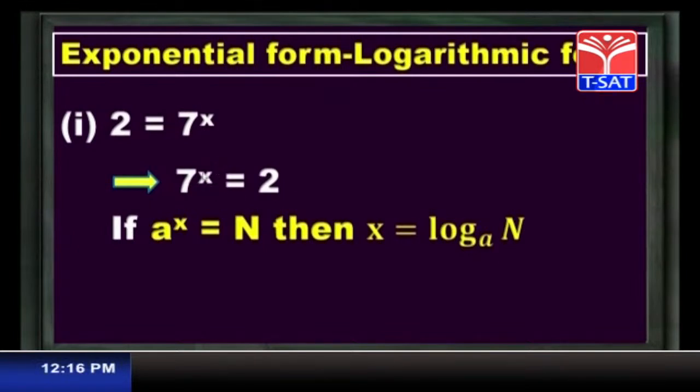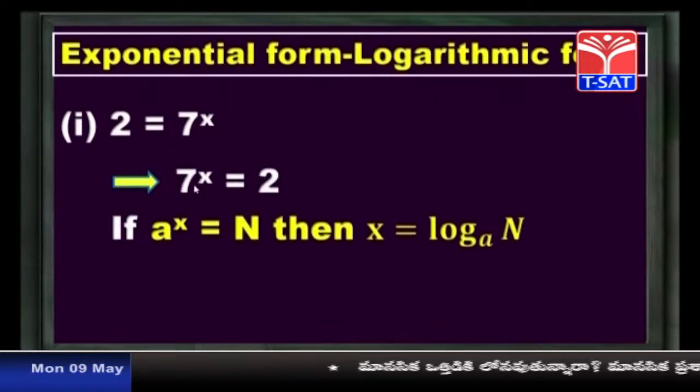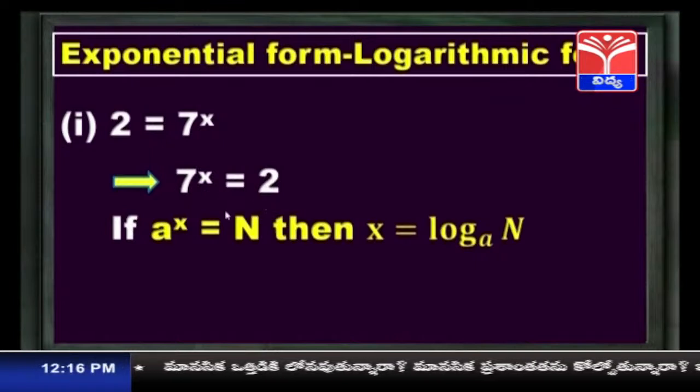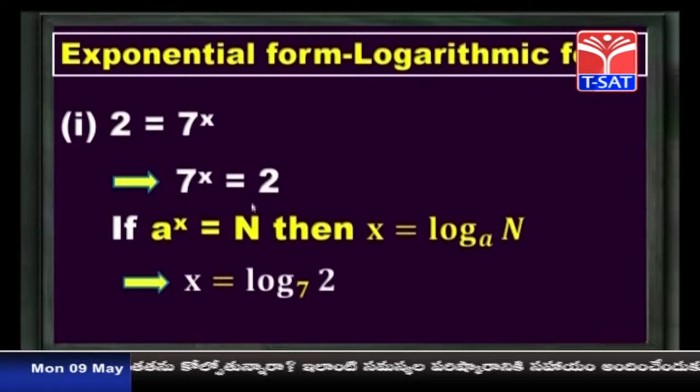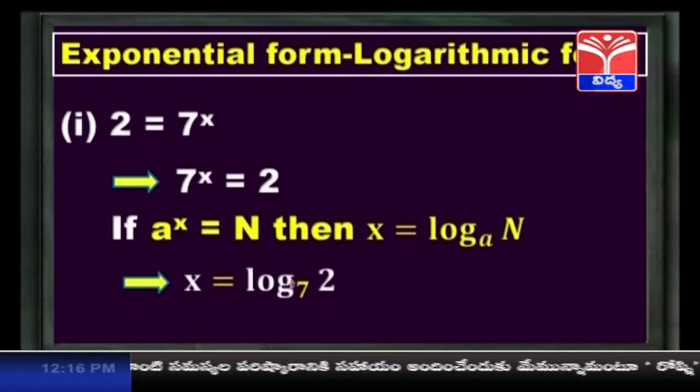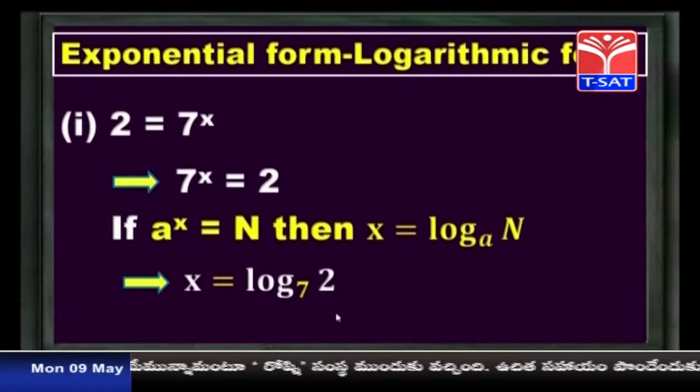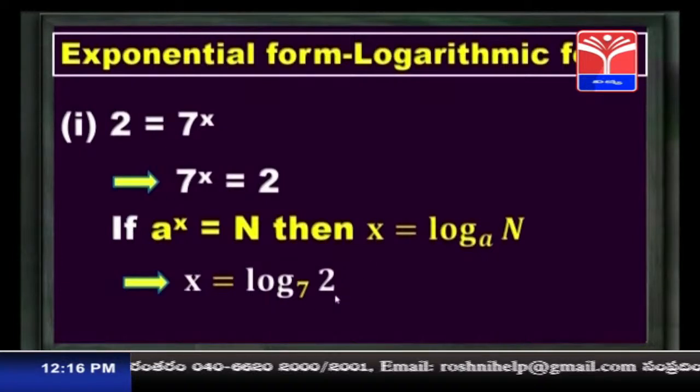The power is x. So I should write x is equal to log 2, and this base 7 becomes the base of the logarithm. So we can write x is equal to log 2 to the base 7. So always we write power is equal to logarithm.